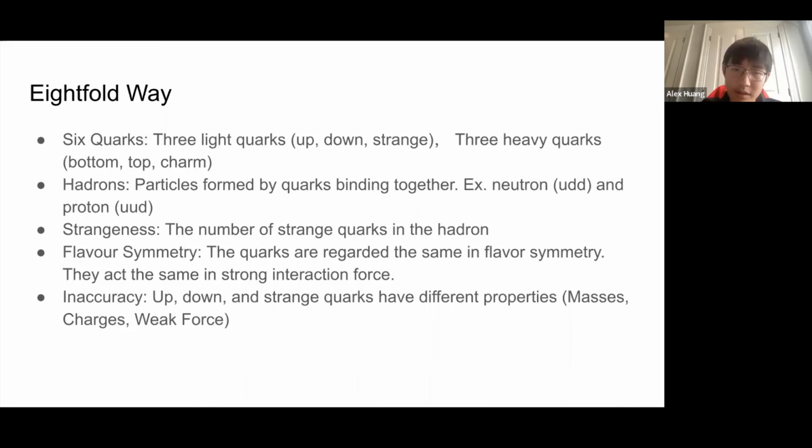For example, the mass of the strange quark is much heavier than the up and down quarks, the charges of the up and down quarks are different, and they also behave differently regarding the weak force. But still, it's a pretty good approximation, right? Because the weak force and the electromagnetic force at the subatomic level are very weak compared to the strong interaction force.